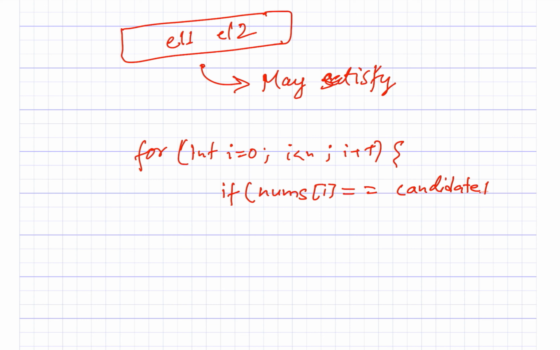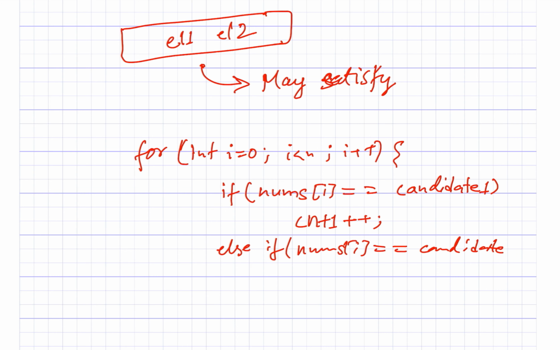If it is equal to our candidate 1, we will increase the count of candidate 1. Else if it is equal to our second candidate, then we will increase the count for the second candidate.